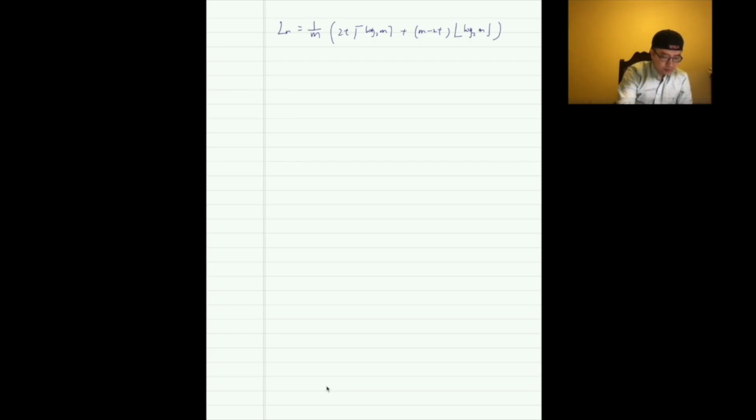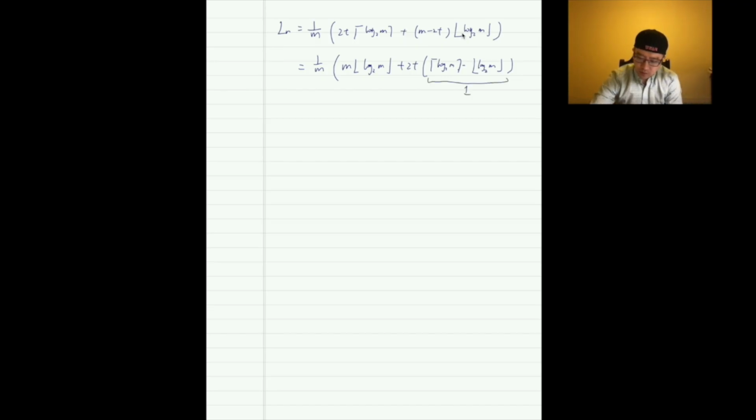Now we can do some simplification. First of all, we can take m out, m times floor of this guy. Then we have 2t multiplied by this guy minus 2t multiplied by that guy, so that is 2t times the ceiling minus the floor, and clearly this is 1.